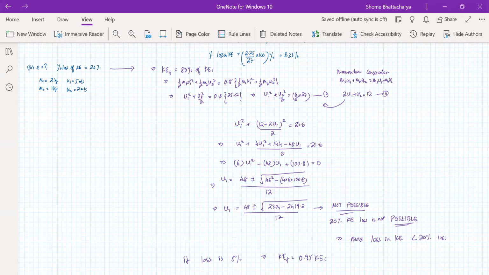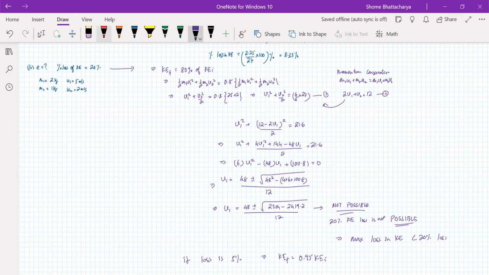So this quadratic equation would have changed, and accordingly this discriminant term would have changed. To save time, I will not get into this. We'll look at another question where the values are simpler. But the answer to this is simply that it is not possible. What this equation is showing us is that a 20% loss is not possible, and the reason for that is the maximum loss in kinetic energy, which we will see through the next part.